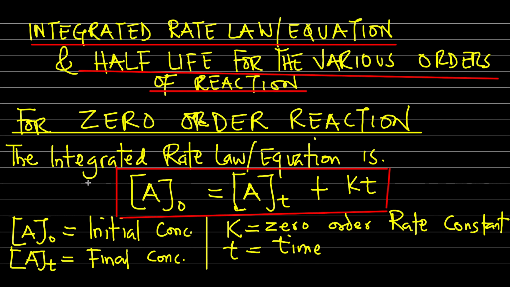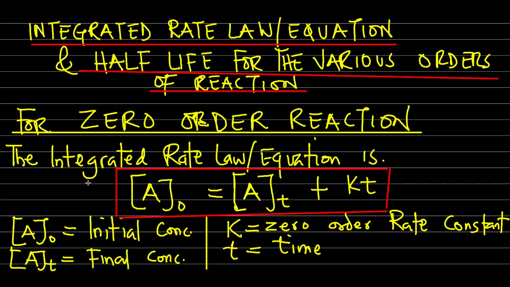Zero order has an integrated rate law, first order has also, and second order also has an integrated rate law. All these integrated rate laws have 4 variables: initial concentration, final concentration, time, and rate constant. The rate constant for zero order reaction has a unit that is different from that of first order as well as second order. That was why it was important for us to know how the units for various orders of reaction look.